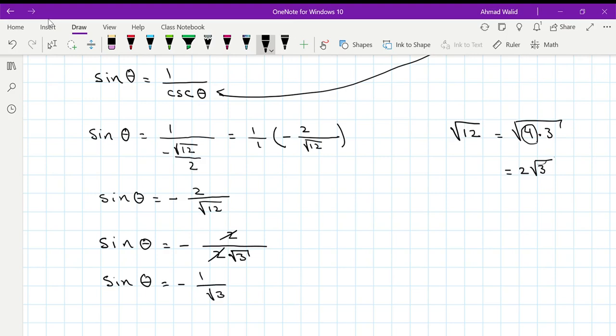But remember, I told you in the previous section and the section before that, we cannot have a radical sign in the denominator. We rationalize the denominator, right?